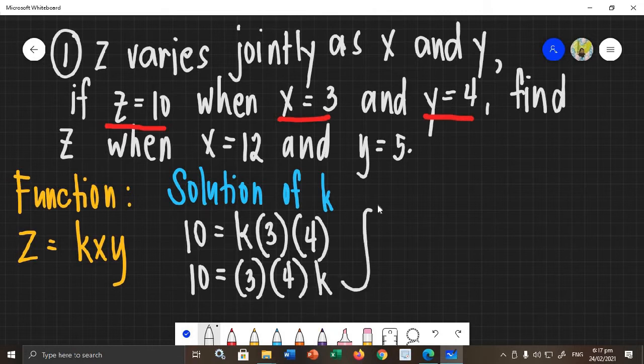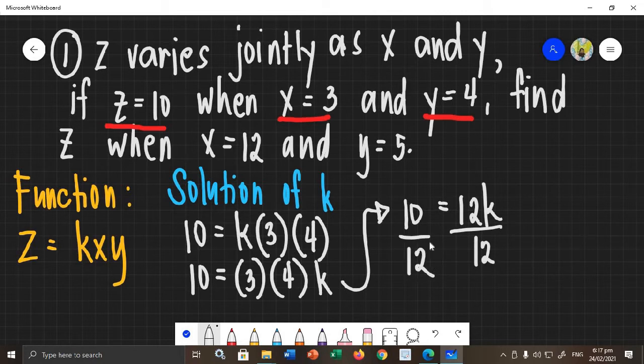Okay, and then let's continue our solution. Let's multiply 3 and 4. So, we have 10 is equal to 3 times 4, that is 12K. Now, to get rid of 12, we divide both sides by 12. So, cancel. And K now is equal to 10 over 12. 10 over 12 can be simplified.